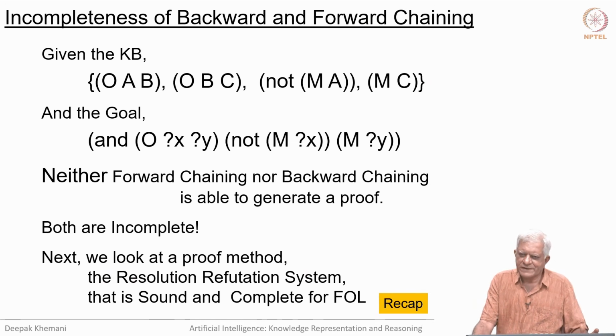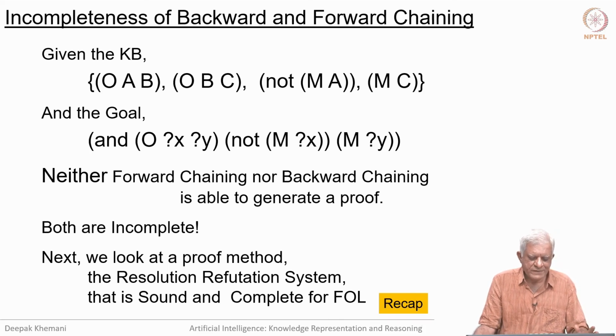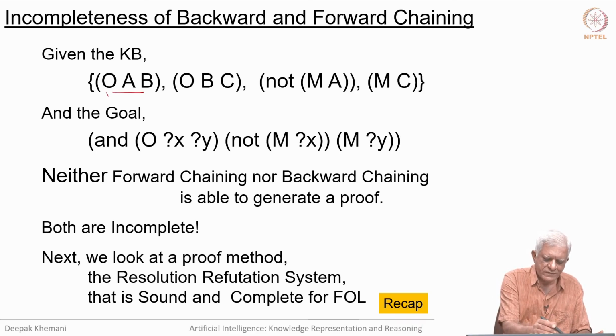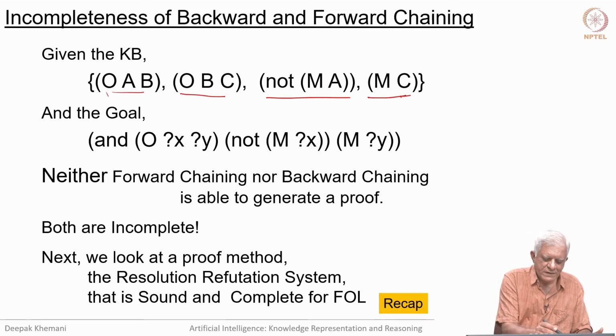Let us address this problem that has been bugging us ever since we introduced it in first order logic. We said that you are given this knowledge base: O of A B, O of B C, M is not A, is not M, and C is M. From that we had this goal that there exists an x and a y.